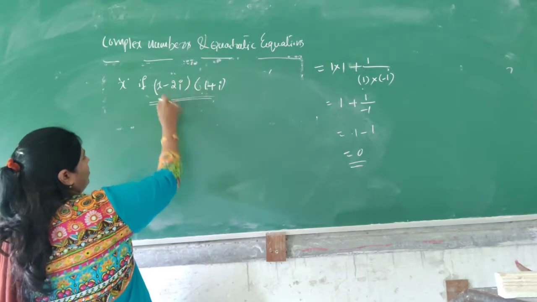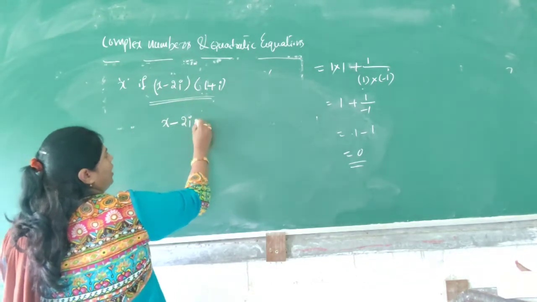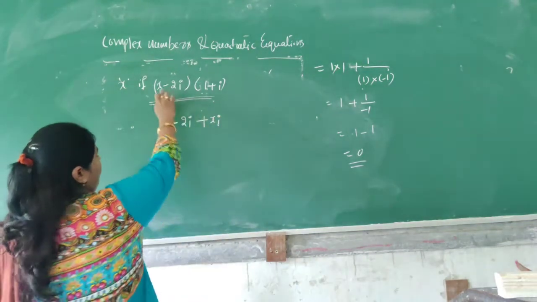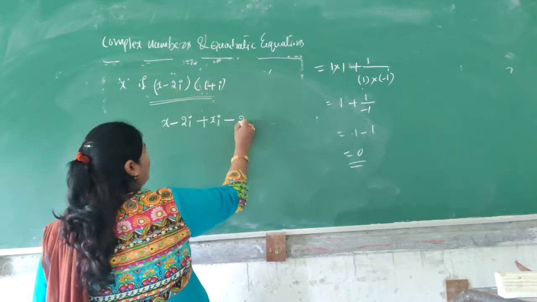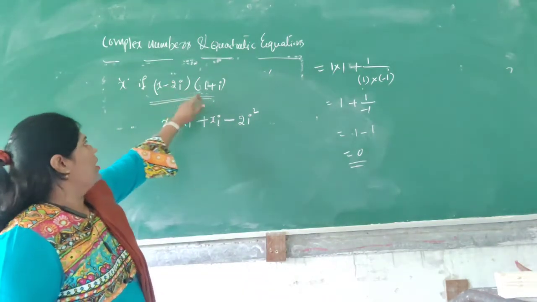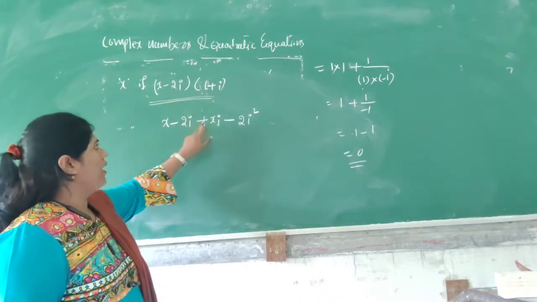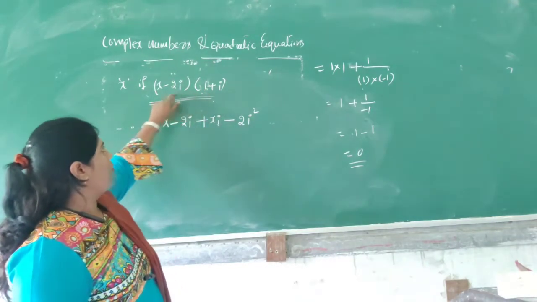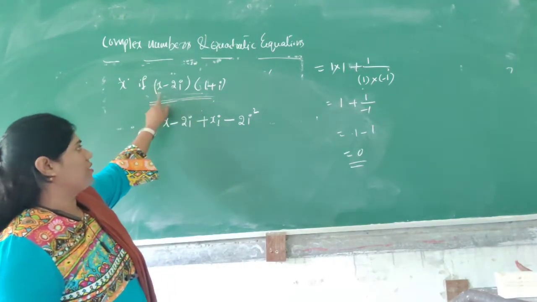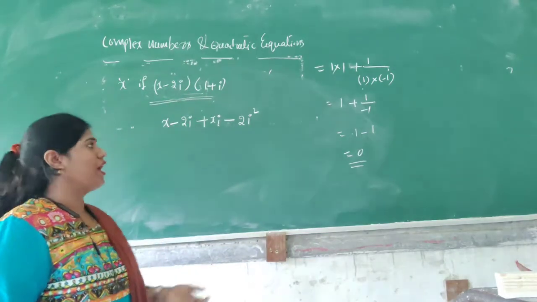We have to multiply: 1 into x is x, minus into plus is minus, 1 into 2i is 2i, plus i into x is xi, minus into plus is minus, 2i into i is 2i square.